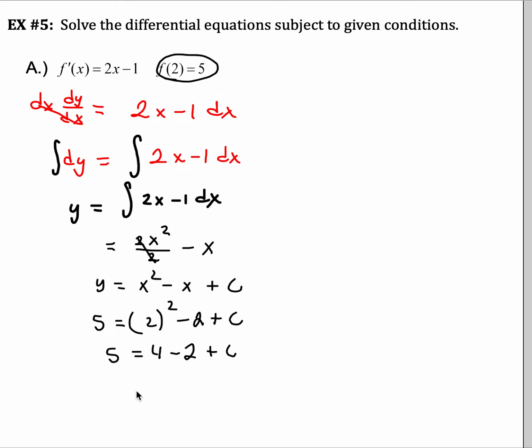This becomes 2, and we see that we're going to get c is equal to, right, this becomes 2, and then we subtract it out. We get c is equal to 3. So we figured out our function. Our function is going to be x squared minus x plus 3, and this function meets those conditions.